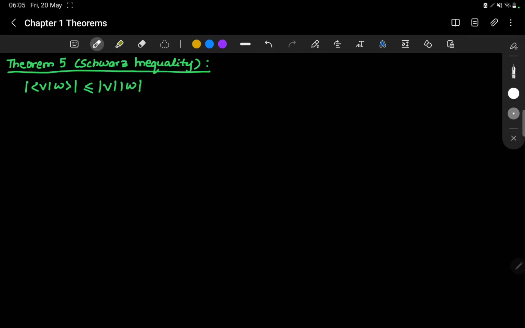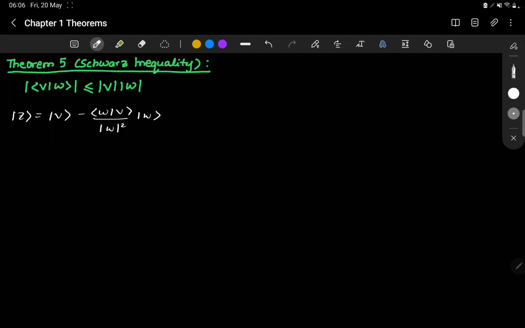Let us construct a new vector z. So v and w are already given to us. Let us construct a vector z from this v and w by the following construction. So this might look like a strange construction right now, but this construction would be very helpful in proving this inequality.